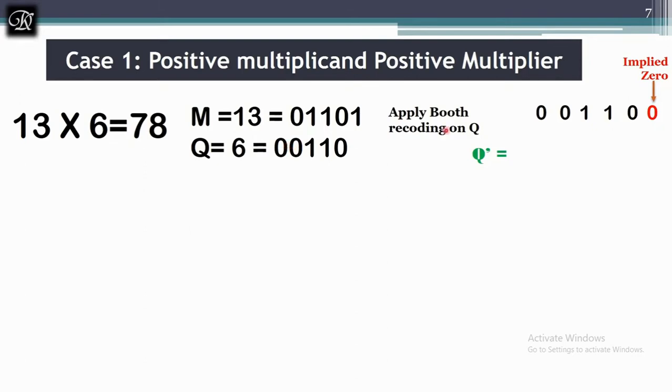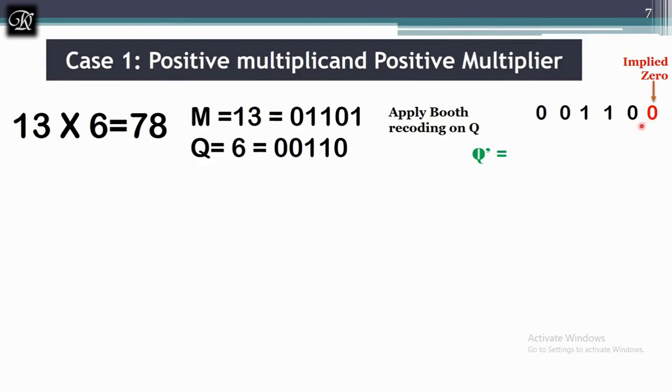Next, apply the Booth recoding on Q, whatever we have here, 00110. That is what I have written, 00110. And I told you, you have to assume there is a 0, which we call the implied 0. So when you take the implied 0, you should take a pair of these two.